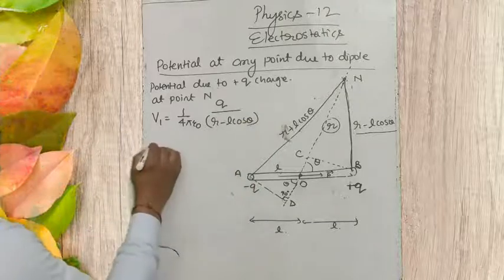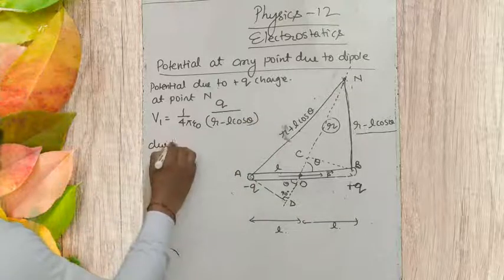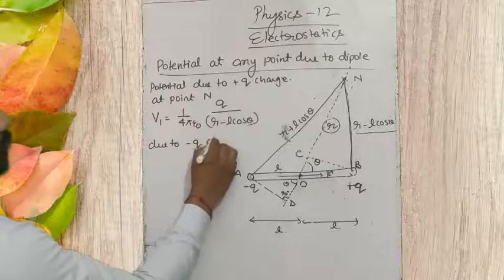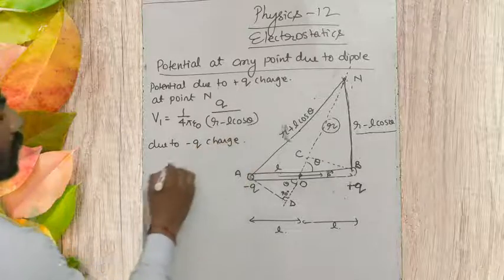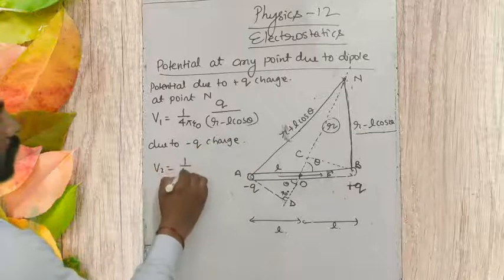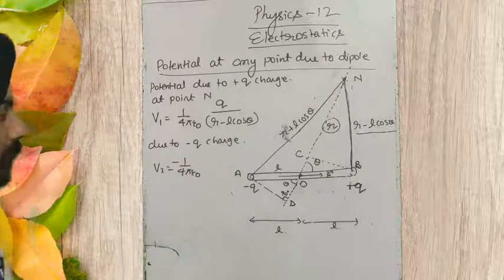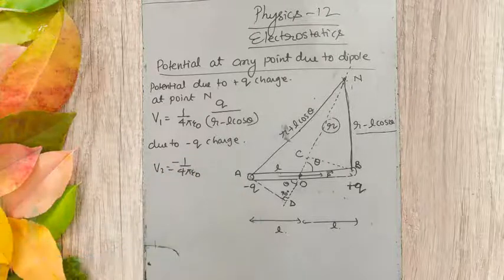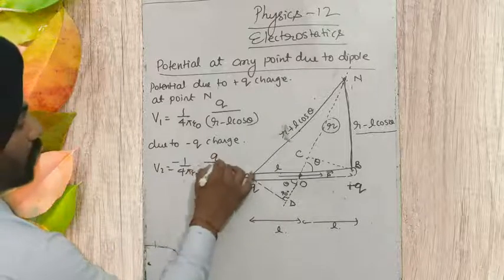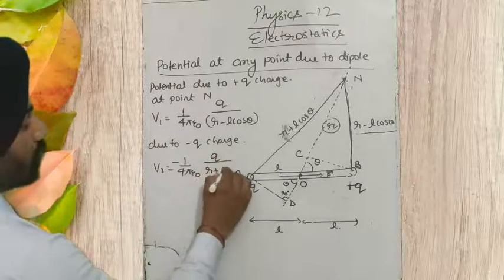And due to minus q charge, V2 will be equal to minus 1 upon 4 pi epsilon naught, and it will be negative because it is due to a negative charge, Q upon R plus L cos theta.